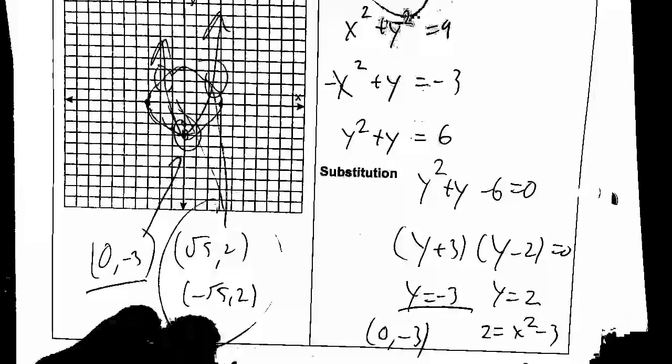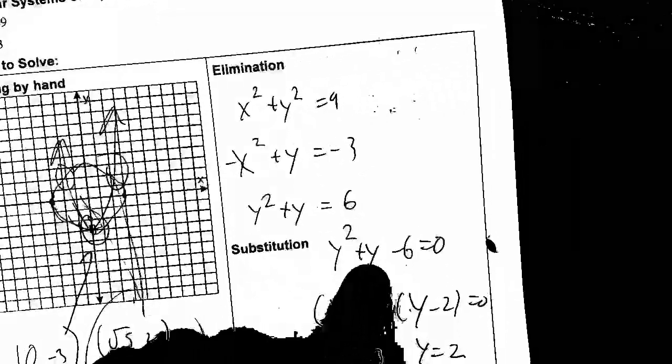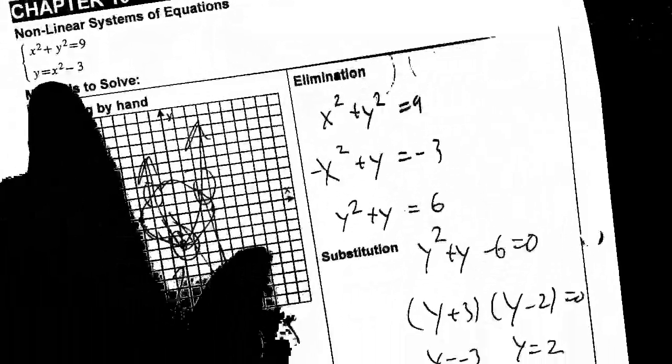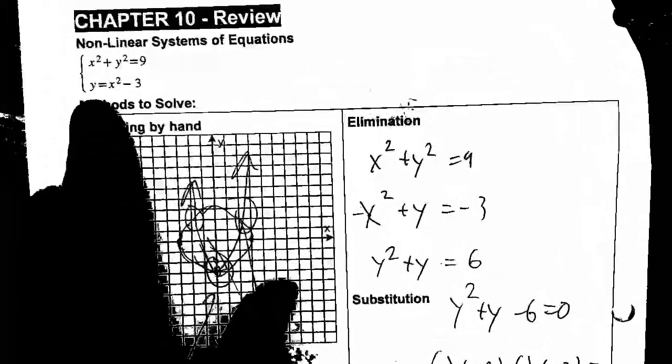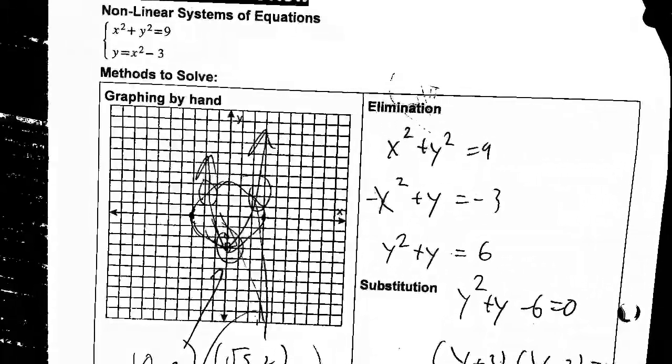Okay? So that's solving nonlinear systems of equations. You can do elimination and then solve a quadratic. You could also use substitution and take one variable and plug it in for another. Either is fine. Okay, let's do the intro to calculus review, and we will call it there.